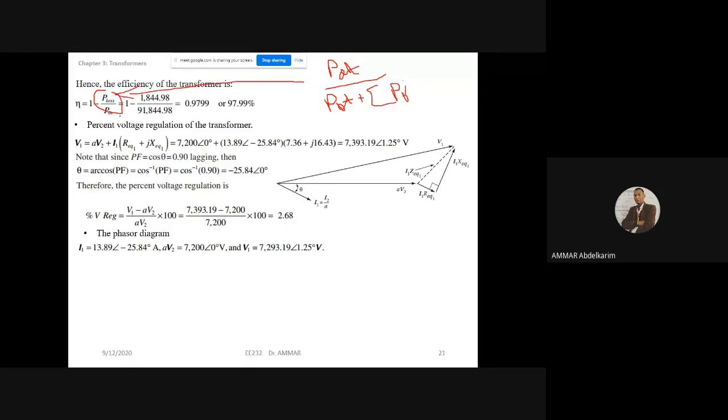This expression can be derived from this one. You can find it as 1 minus total of losses over P.